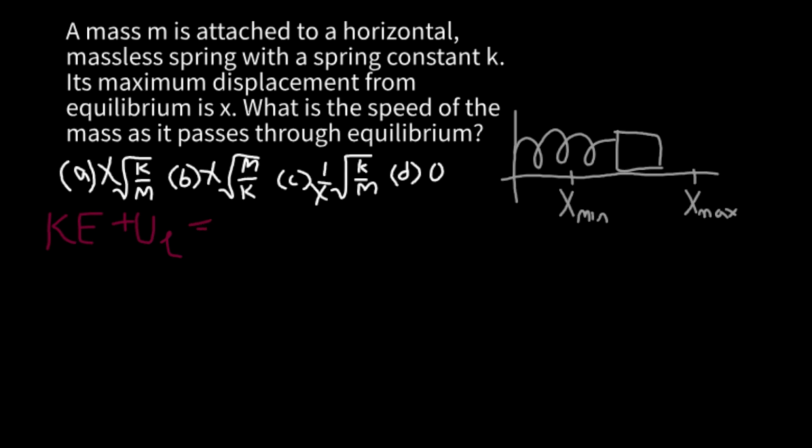So then our kinetic energy plus our elastic potential energy will equal some constant. Now when the mass is passing through equilibrium, x, its displacement from equilibrium, is 0. So we'll have no elastic potential energy, and kinetic energy will be at the maximum as the mass passes through equilibrium.